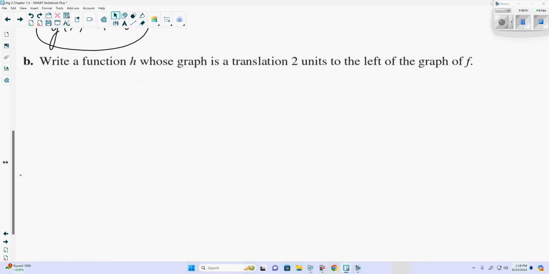We're going to write a function h, whose graph is a translation 2 units to the left of the graph of f. So this time we're naming the function h of x.